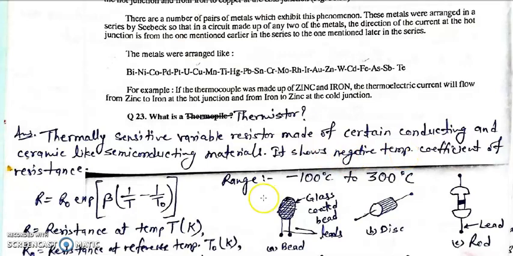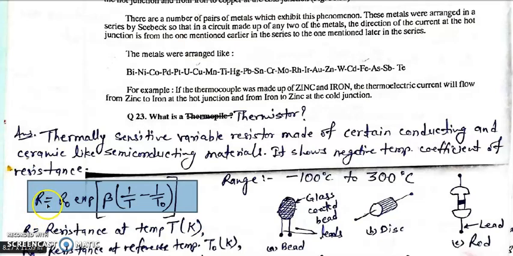The formula for the final resistance change is shown here. This is the formula for thermistor. R is equal to R0, where R0 means resistance at reference temperature, and this is exponential: e to the power beta multiplied by the subtracted value, which is 1 by T minus 1 by T0.